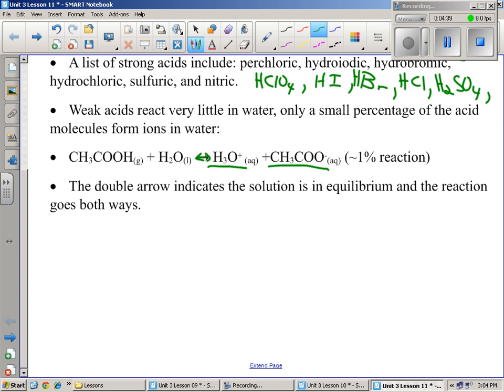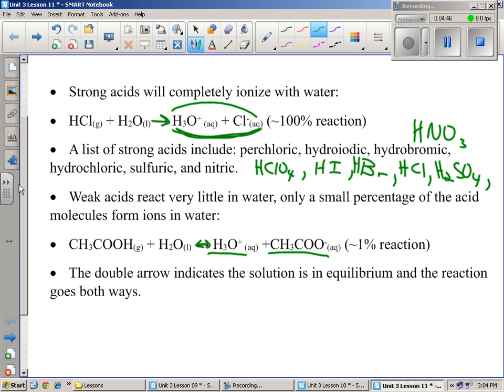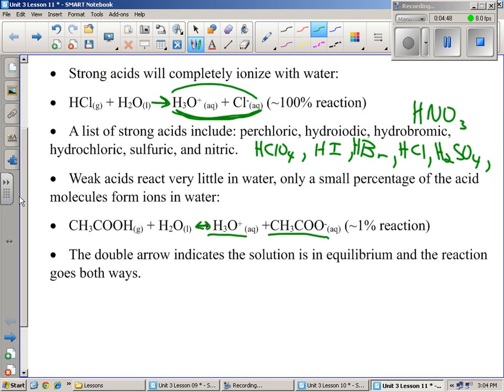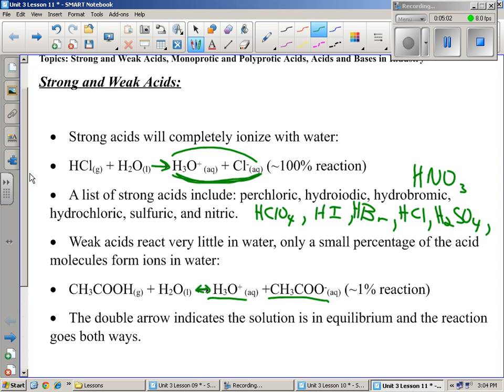Not many. Out of 100 up here, you get about 100-ish, maybe 99 if you're lucky. The double arrow indicates that it's a weak acid. It's an equilibrium, it goes back and forth. Low conductivity here, very high conductivity there.